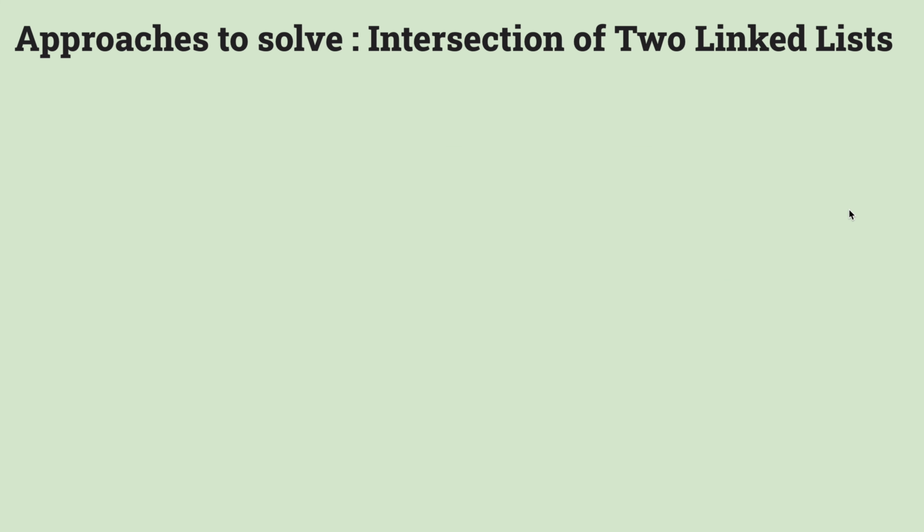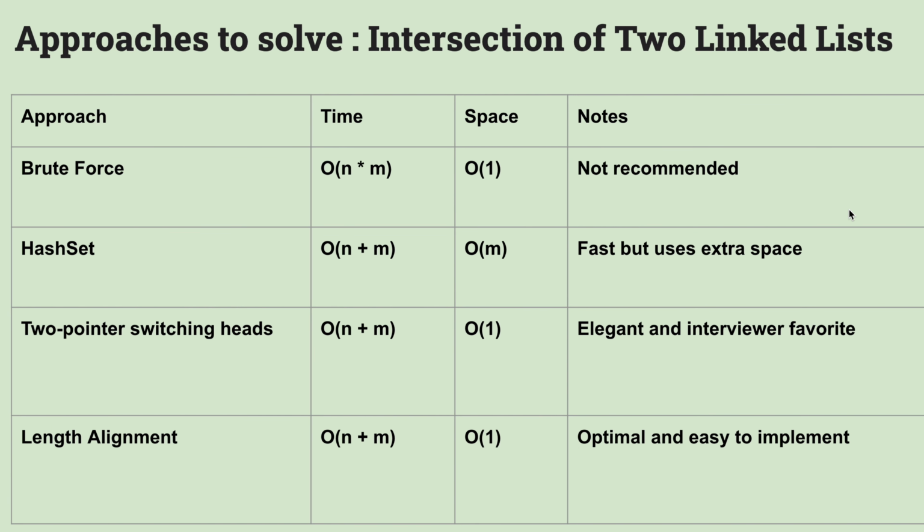Now, there are many ways we can implement the intersection of two linked lists. But the best ways to write the code in an interview are the length alignment approach and the two pointer approach. They are very optimal approaches to write the code.